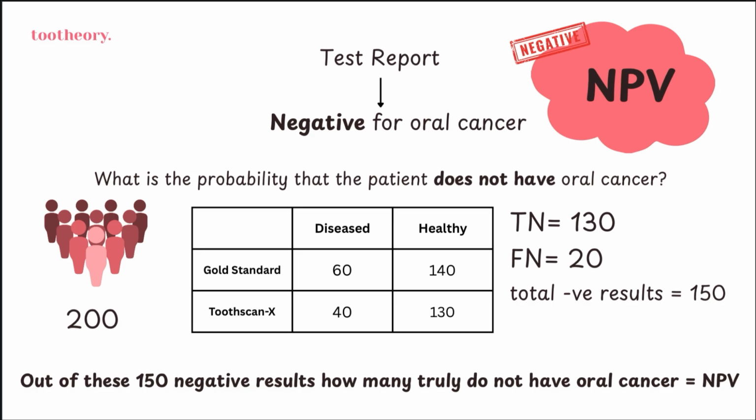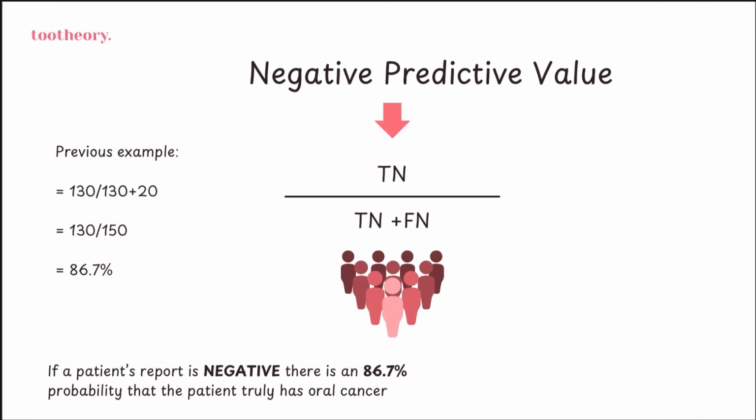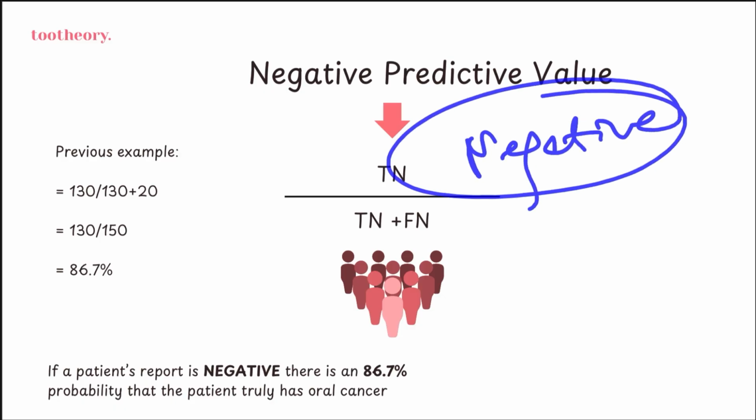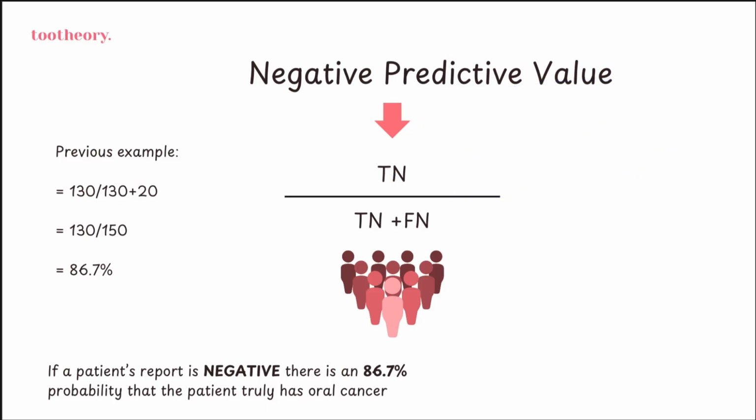So let's move on to the formula, which is pretty similar. Here we're only concerned about the negative values in total, so we're going to look at true negatives upon true negatives and false negatives.